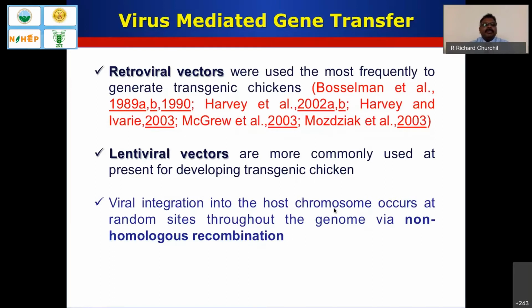That is another problem. Also, due to this, the foreign gene integrated may not be expressed because of the silencing effect from the neighboring genes. The foreign gene we introduce may not express. So that is another problem with this virus-mediated gene transfer.